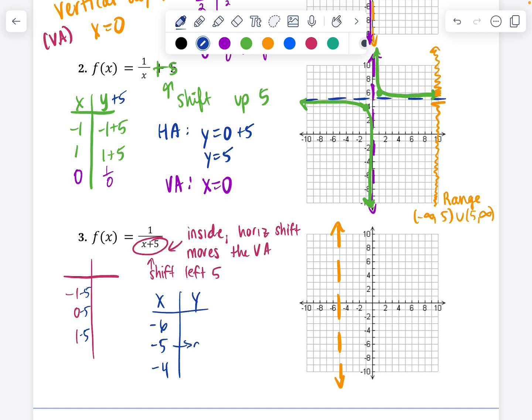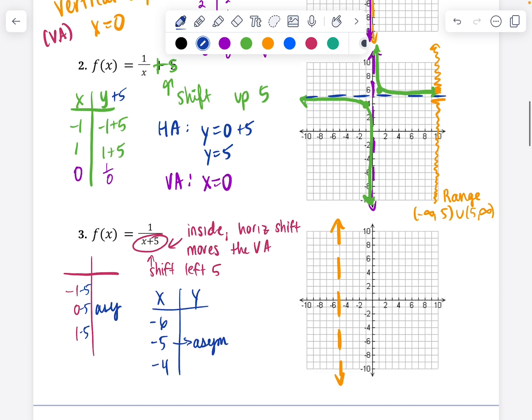And -5 is where the asymptote is, because that's where it was before, at 0. Hopefully that makes sense. And because we didn't shift vertically, our horizontal asymptote is still at 0.